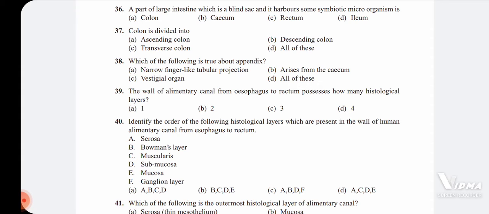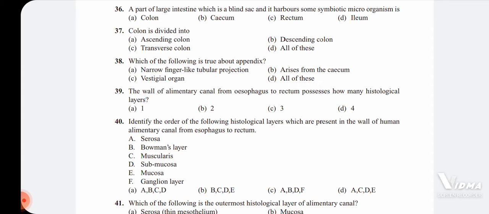37th, colon is. As you have studied the elementary canal structure, you all know that the colon is divided into three parts: ascending, descending and the transverse colon.